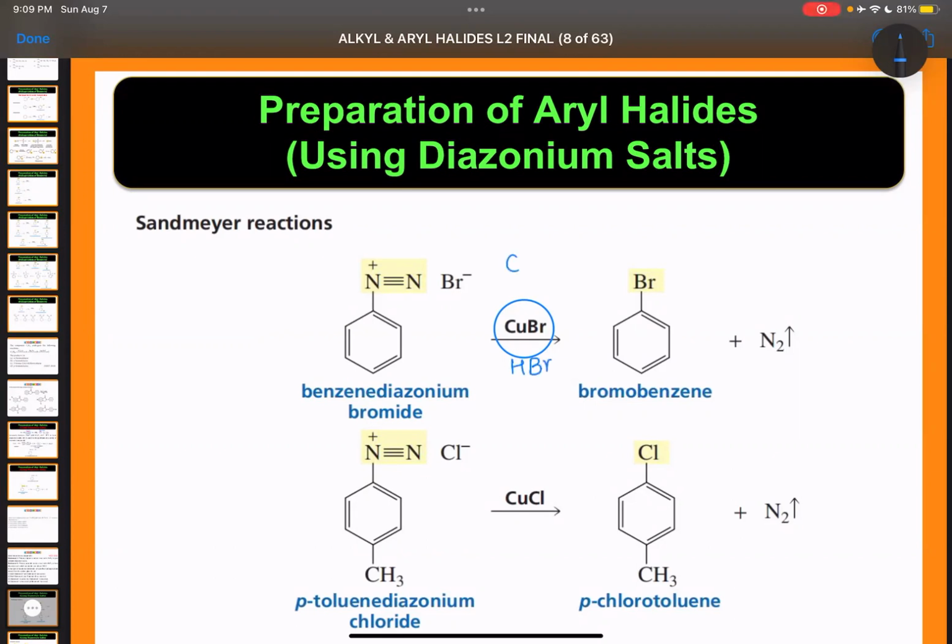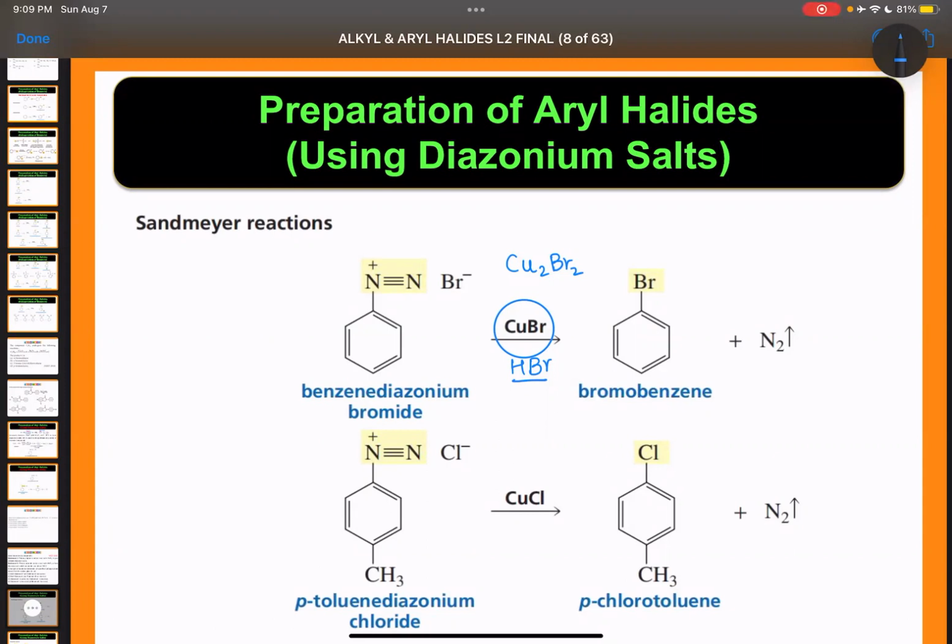Cuprous salt is sometimes written as Cu2Br2, so don't get confused. Cu2Cl2, these are cuprous salts. Suppose you want to put Br, what can you do? You can take CuBr2 or CuBr or Cu2Br2 and HBr.